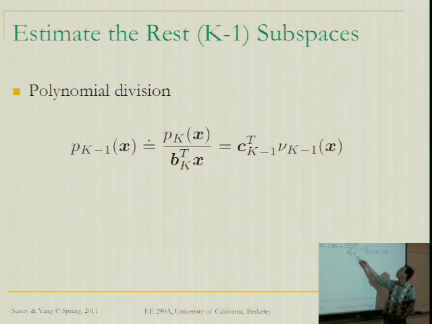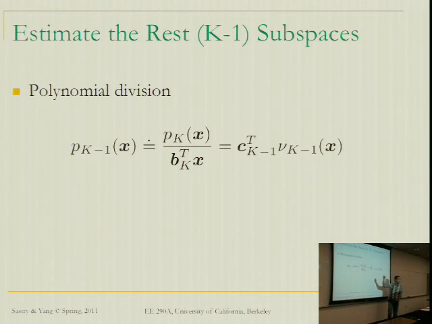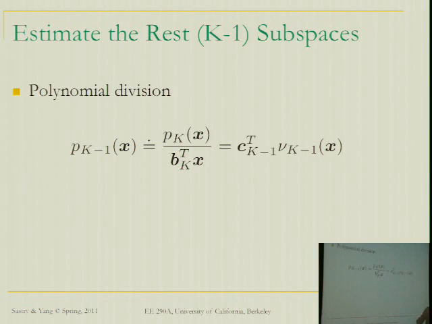You remove that, and what's left will be a vanishing polynomial whose zero set equals the union of the rest of the k-1 subspaces, right? Is that clear enough? You can do that numerically.